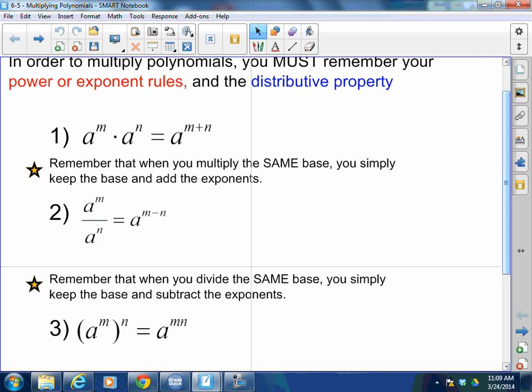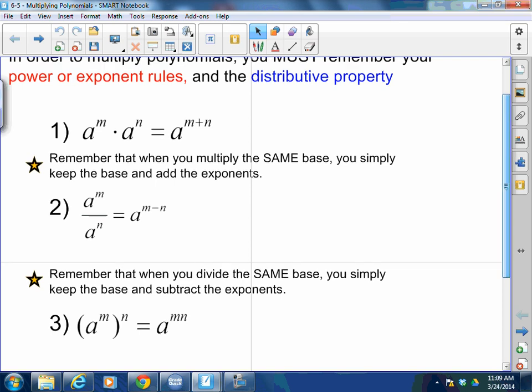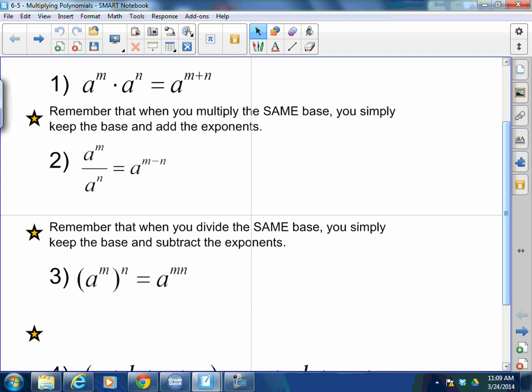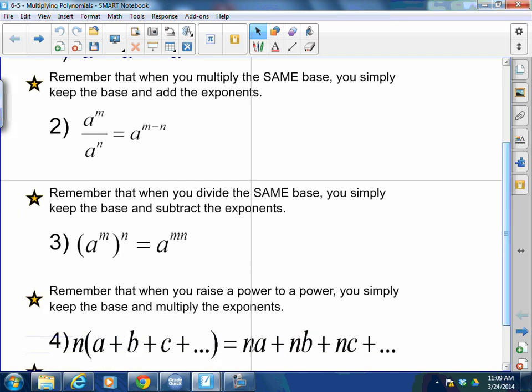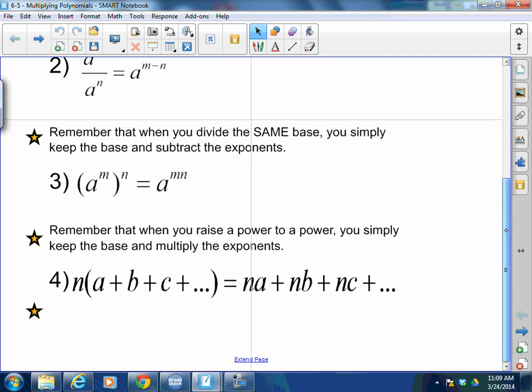If I raise a power to a power, a to the m raised to the n power, I get a to the mn. Why? Because when you raise a power to a power, you simply keep the base and multiply the exponents. And this is not a power rule, but you are going to need to know this, so review this.